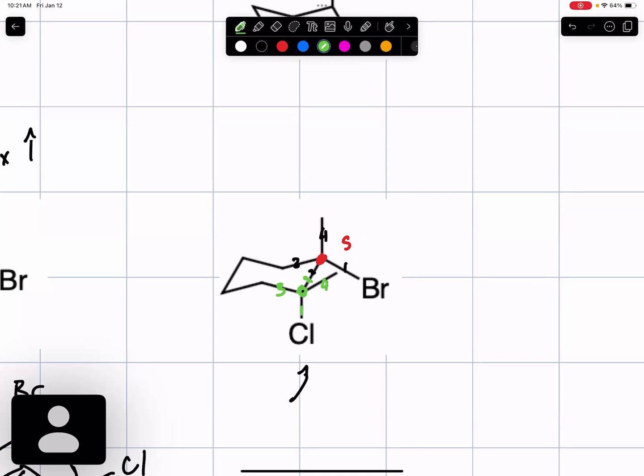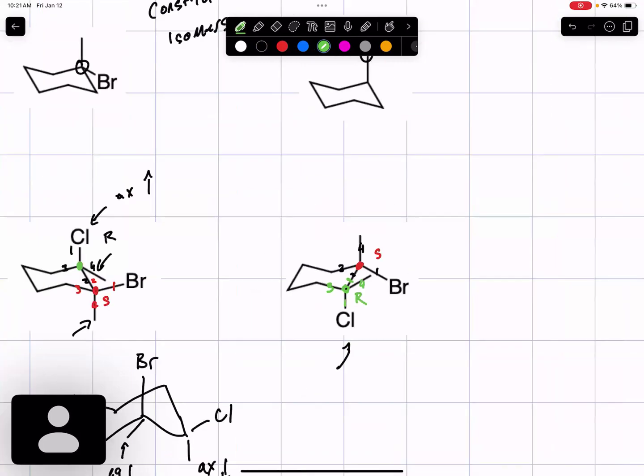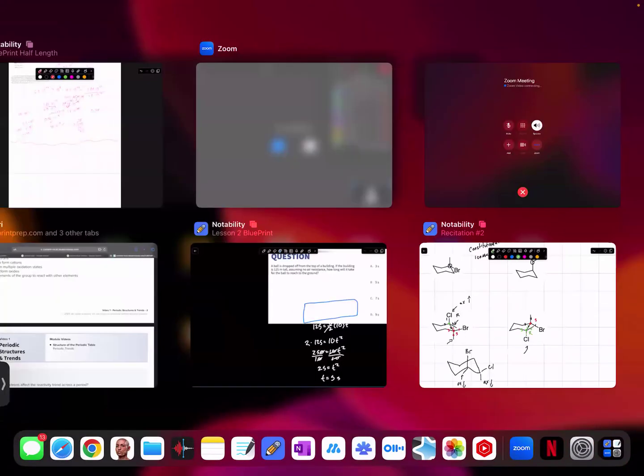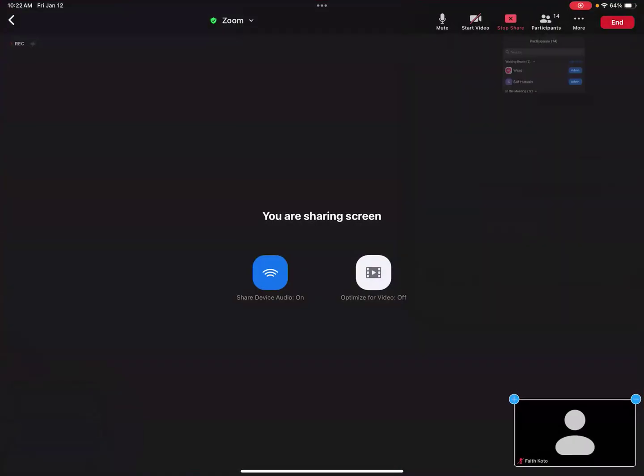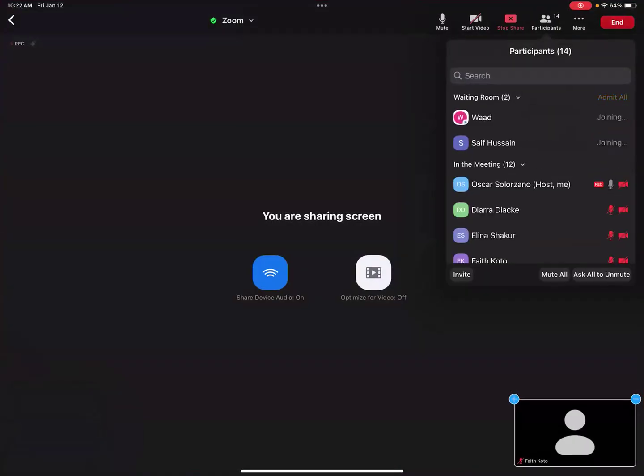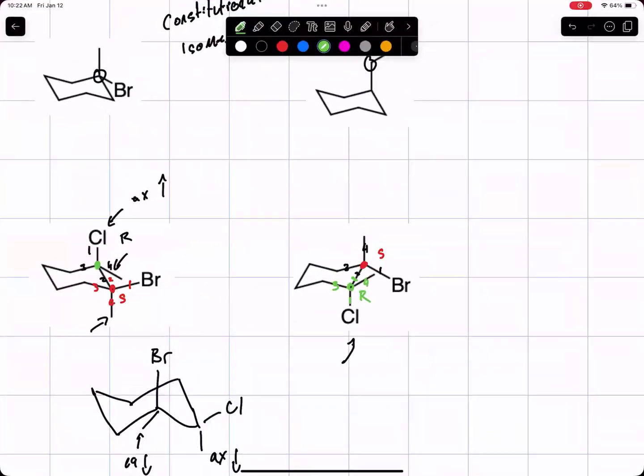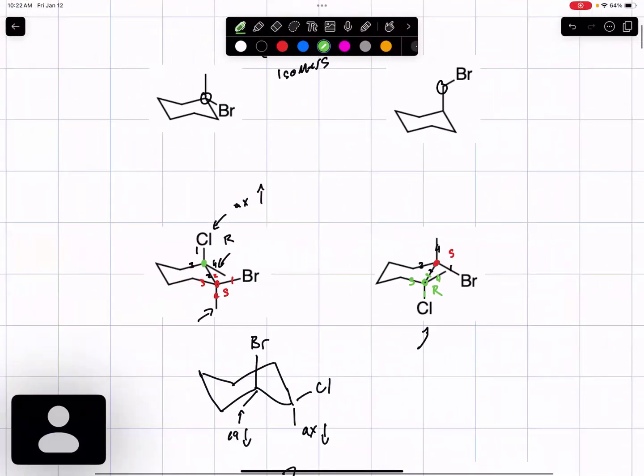This looks like it's S, but it's actually R. R, correct. Hold on. So look at the green carbon, they're both R. Look at the red carbon, they're both S.